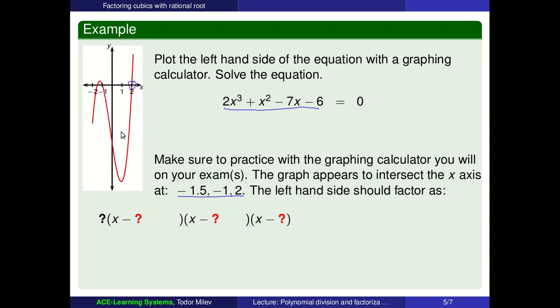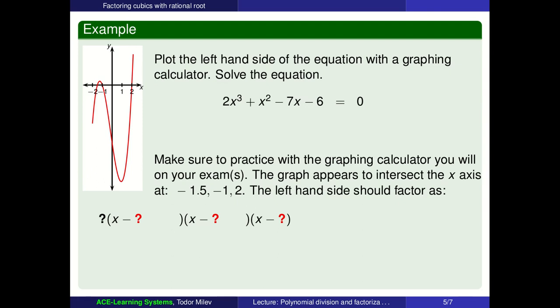Especially if you plot this on a small calculator screen, it is very possible that due to the size of the screen, your eyes will deceive you, or that the scale of your calculator will not be fine enough. That may happen. So at the moment, it seems that we have guessed the solutions correctly, but our eyes may be deceiving us.